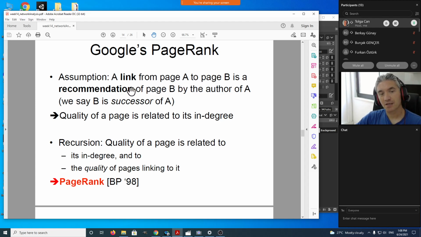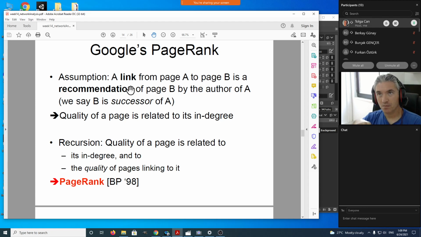The idea was, if a web page has a lot of links coming to it, it should be an important page. So let's compute that. But if we just count the number of links directly, this is misleading. It can be cheated easily by having a web page that you want to promote and putting lots of bogus links from some unimportant websites.